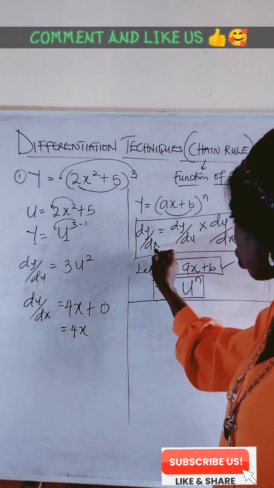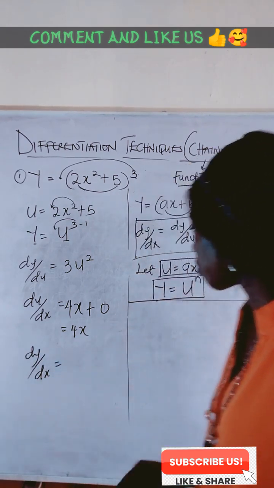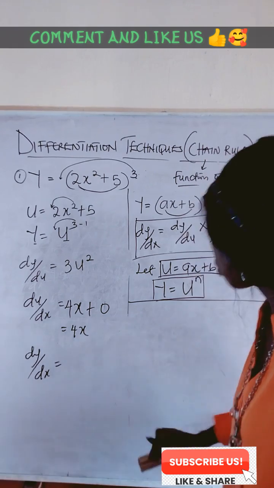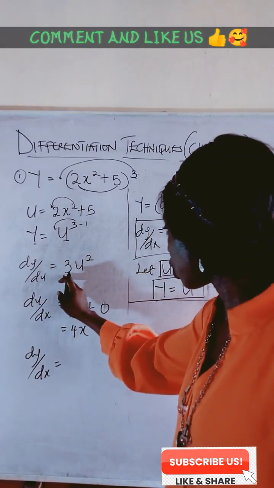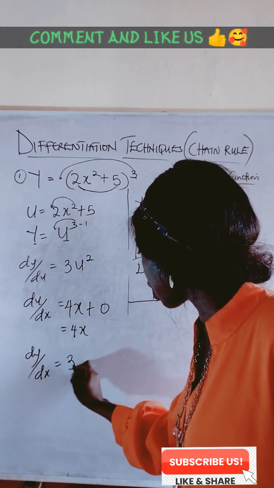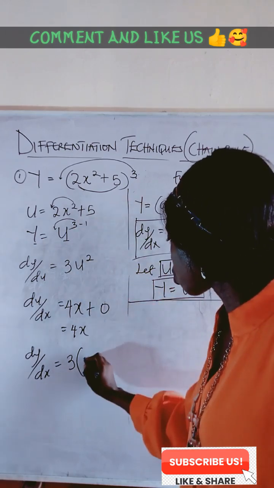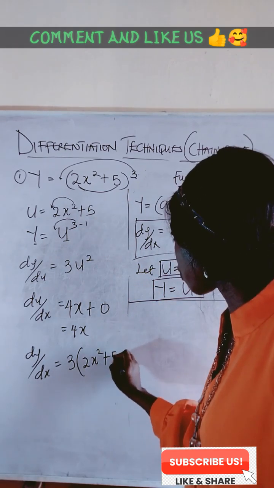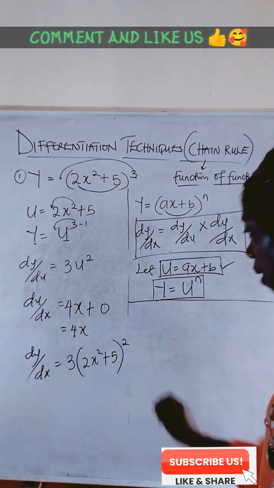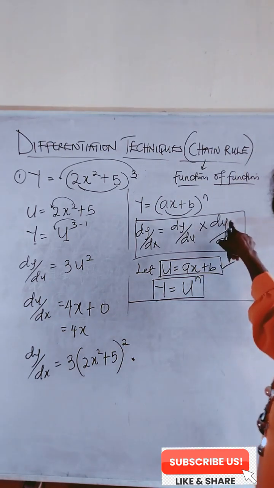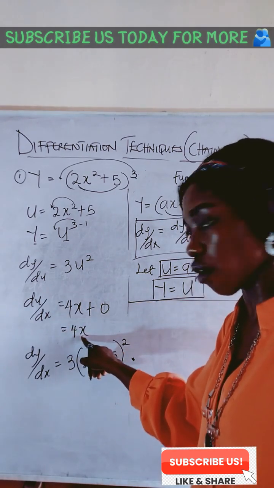Now, you want to get your dy/dx. It means that my dy/dx will be equal to, what is my dy/du? My dy/du is 3u squared, so you have 3. Remember, our u we can now change to 2x squared plus 5. I'll put the power of 2 there. Then multiply it by du/dx. What is our du/dx? Our du/dx gave us 4x.